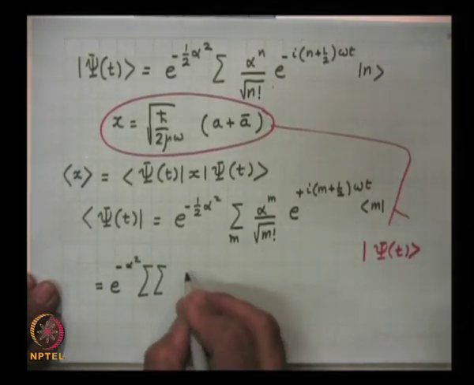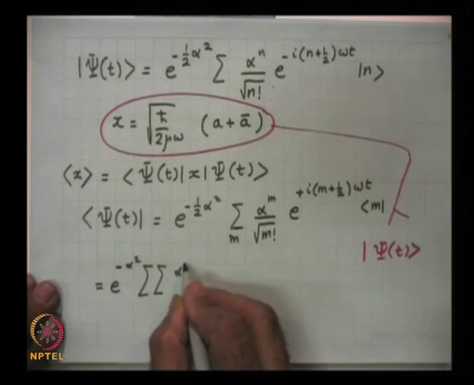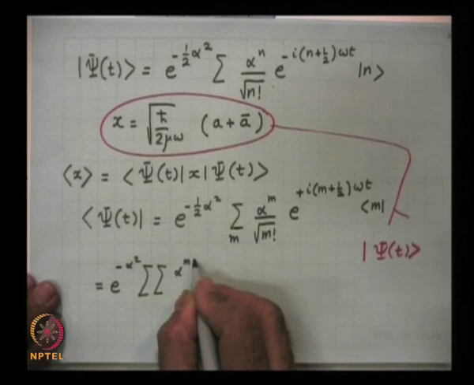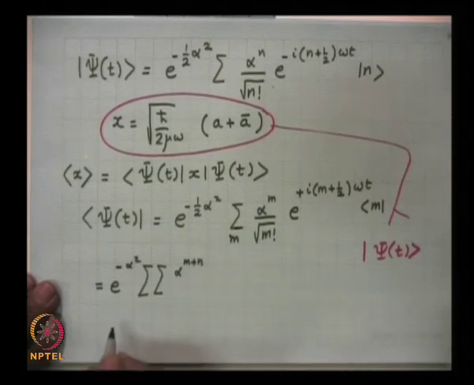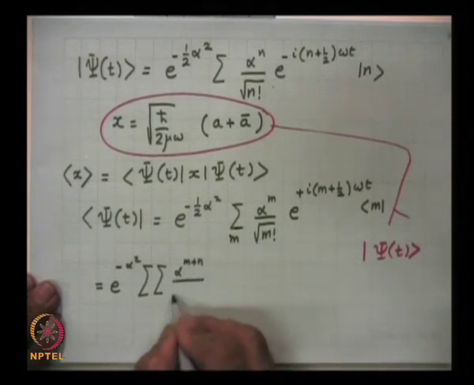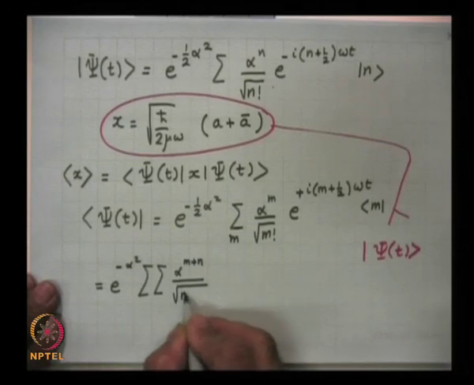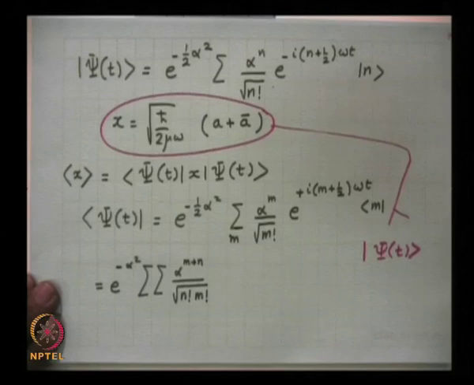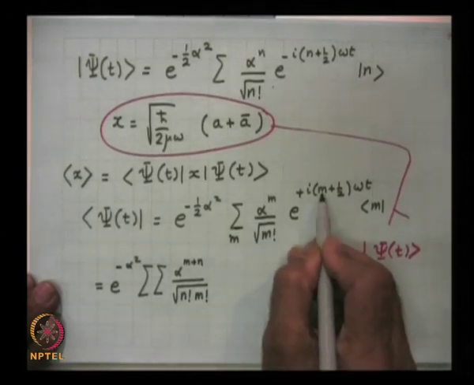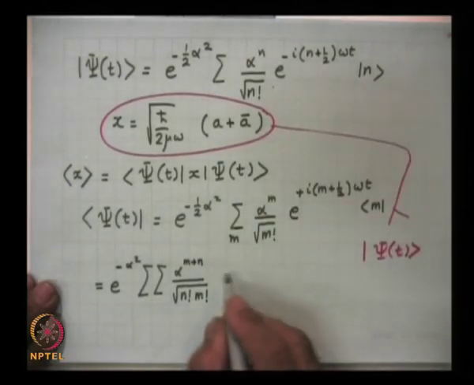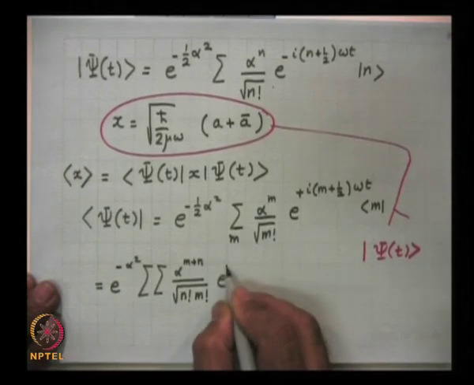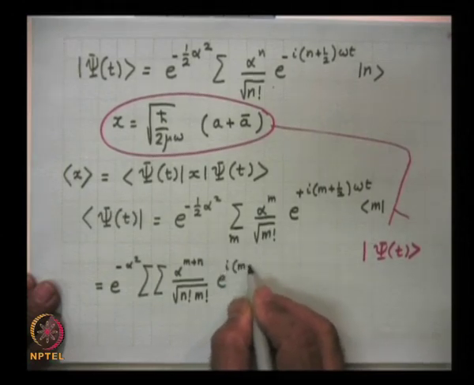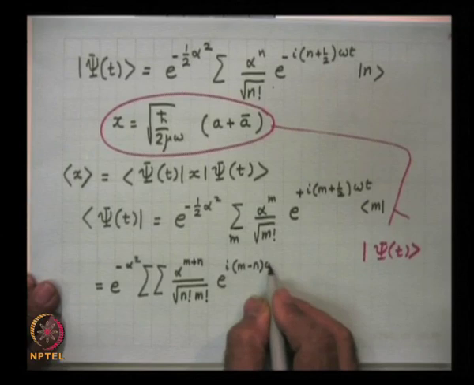So, you will have alpha to the power of m plus n, over square root of n factorial and m factorial. This will be m minus n, the half will cancel out, e to the power of i (m minus n) omega t.